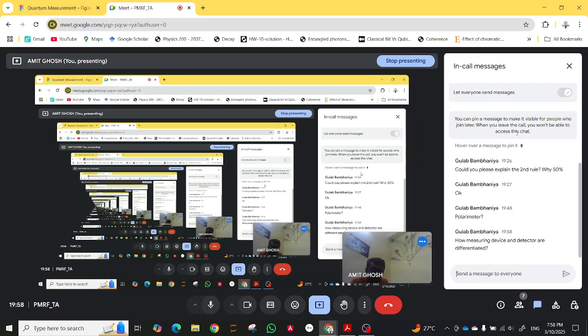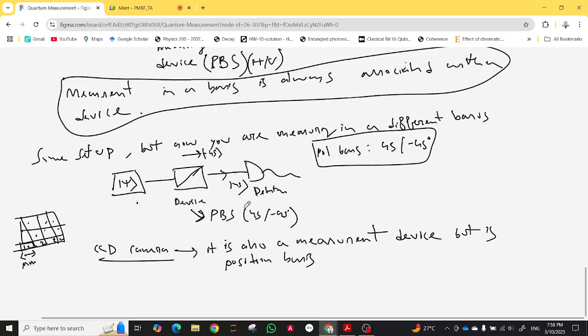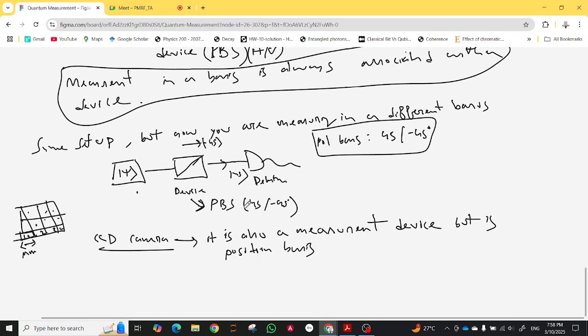How are measurement devices and detectors differentiated? Not that much difference, I will say. Like a CCD here is a detector, right? So it depends how you want to use the device, as a detector or as a measurement device.